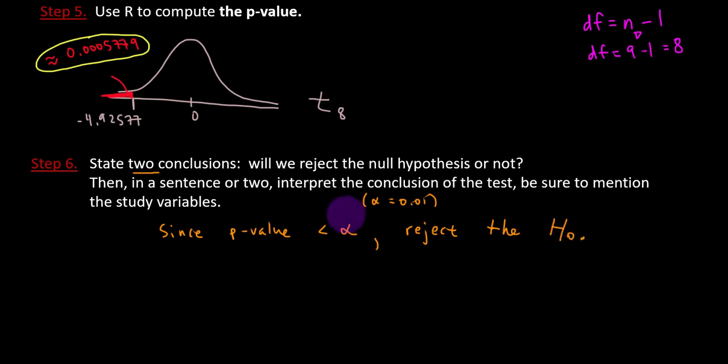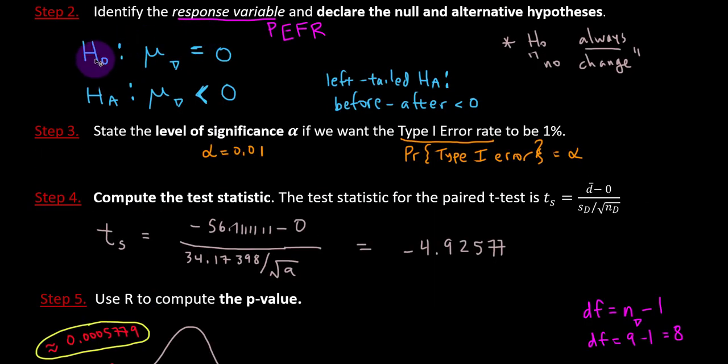Now let's interpret that back into the context of the study. So I'm going to scroll back up to our hypothesis so we can think about what this rejection implies. Remember, we are not proving anything, but our data may support a hypothesis. And because we are rejecting the null, that means that our data has support for the alternative.